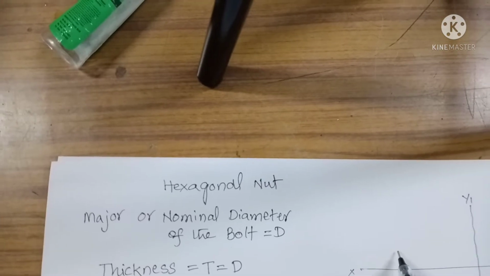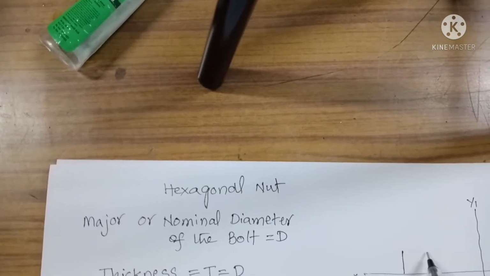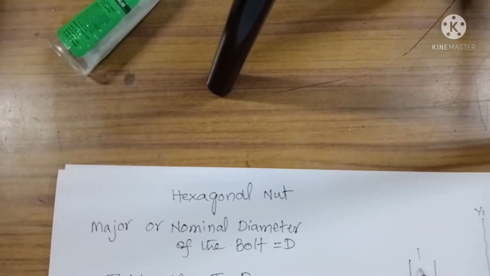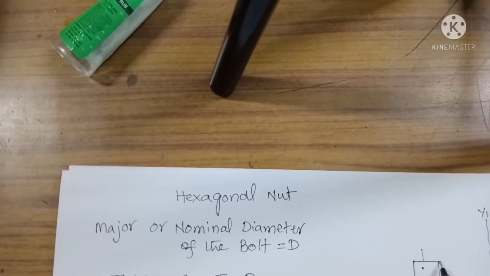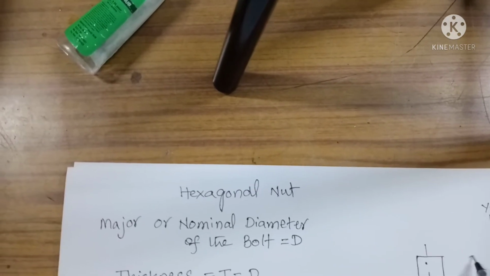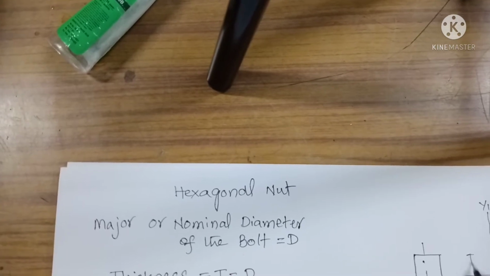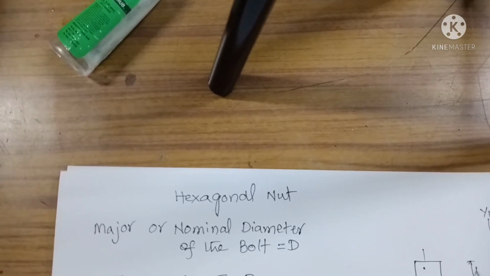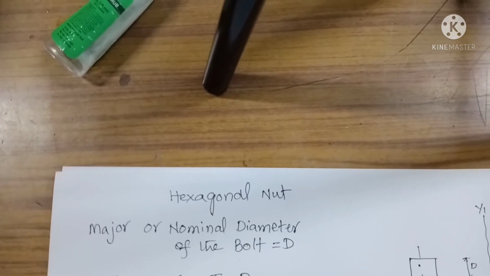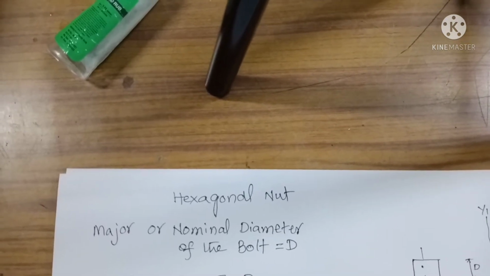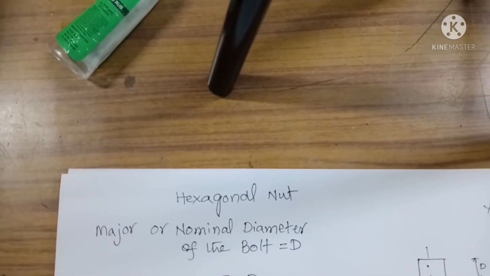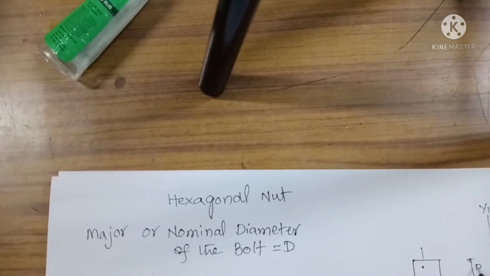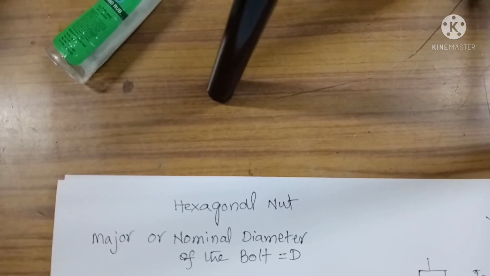Draw the dia of the bolt. Its center also I am indicating. This is capital D, and we know it is dia D. The thickness is also equivalent to D.